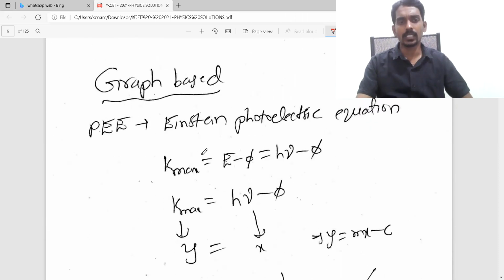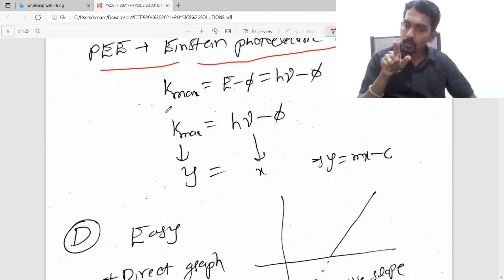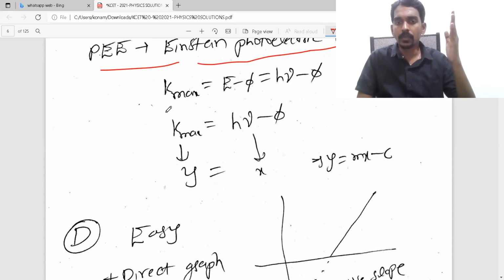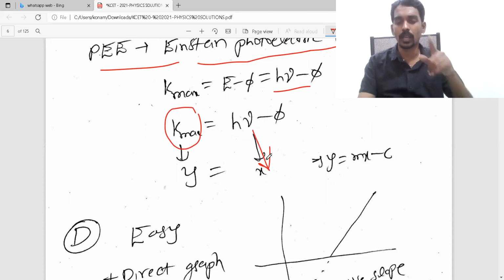So if you take the relation, again it is based on the photoelectric effect, Einstein photoelectric equation. What is the equation? There are 2-3 equations, but you have to choose properly which one to take, because they are taking kinetic energy on the y-axis and frequency on the x-axis. That's why I have taken the frequency formula, where kinetic energy is on the y-axis and frequency is on the x-axis. So you need to compare with the general form y equal to mx minus c.